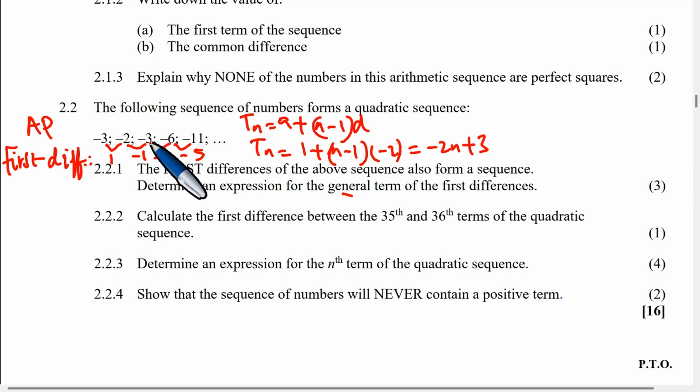Between the third and the fourth, the first difference is -3. It is term number what here? It's term number 1, number 2, number 3. So between the third and the fourth, you are getting term number 3 in the first differences. Between the first and the second, you are getting term number 1.